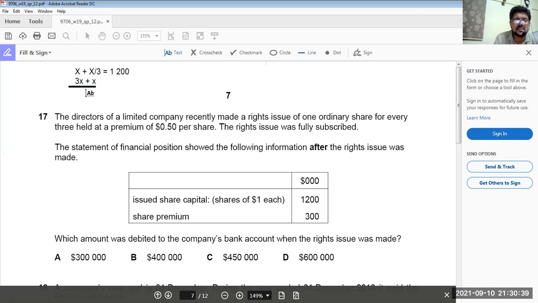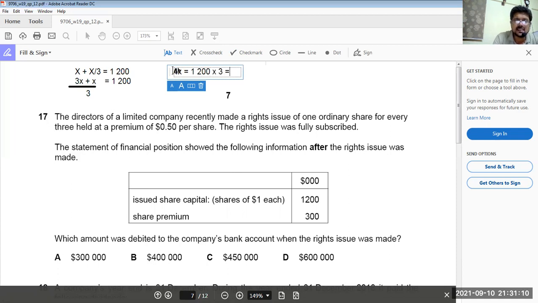x plus x upon 3 is equal to 1,200. Then x plus 3x, that is 4x, is equal to 1,200 multiplied by 3.